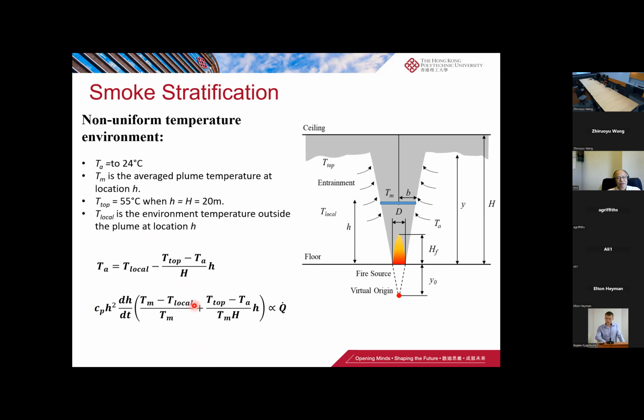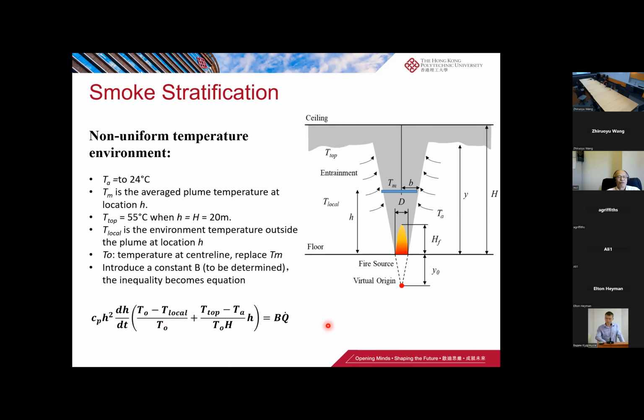The reason we arrange it this way is because later we can use the centerline correlation from McCaffrey's plume model, which is expressed in this way. We need to make use of that correlation. But that correlation, Tm, is not for the average plume temperature, but the centerline temperature.